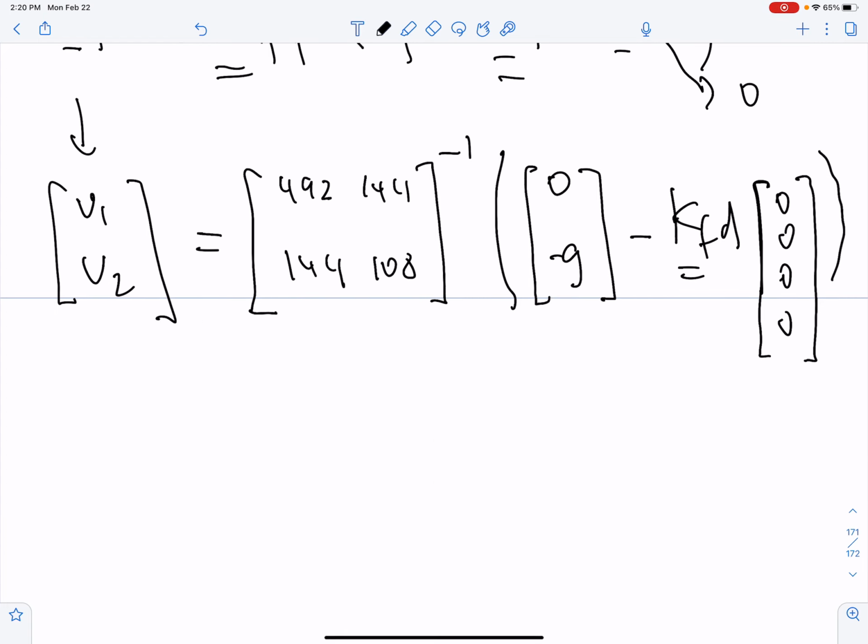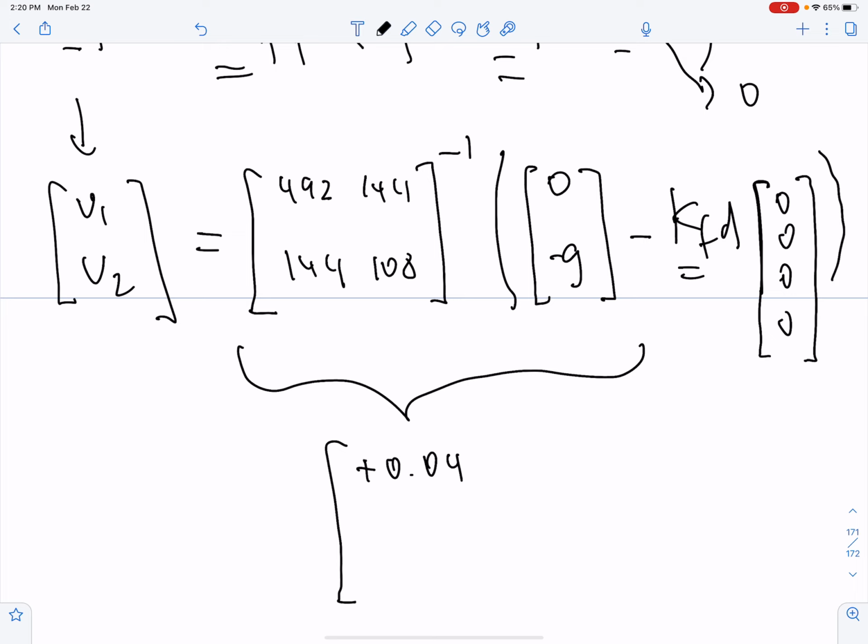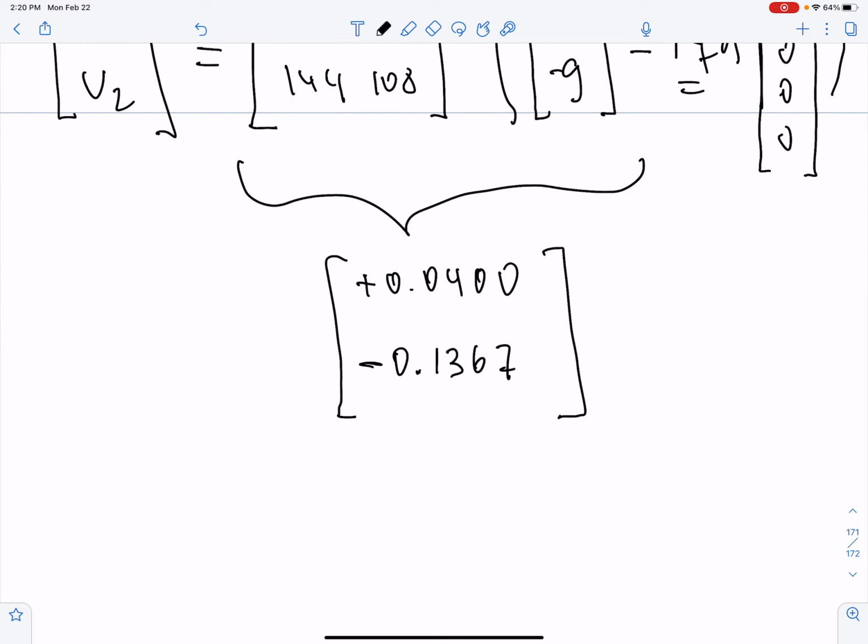And so at the end of the day, we're solving the same system as we solved before, to give us the following set of displacements: plus 0.004, 0, 0, minus 0.1367. So nothing changes.